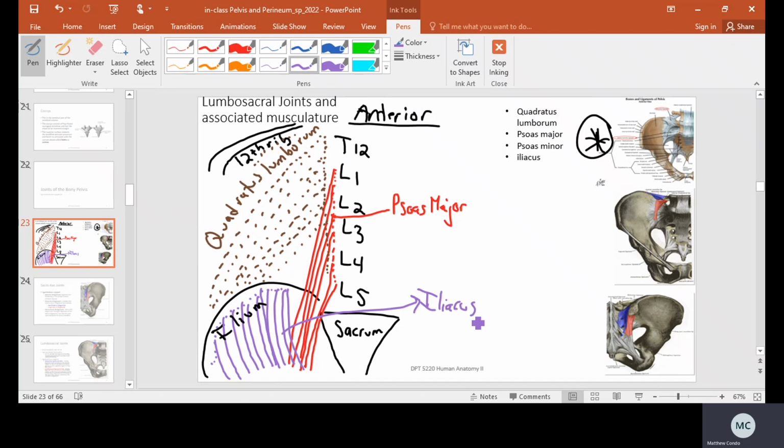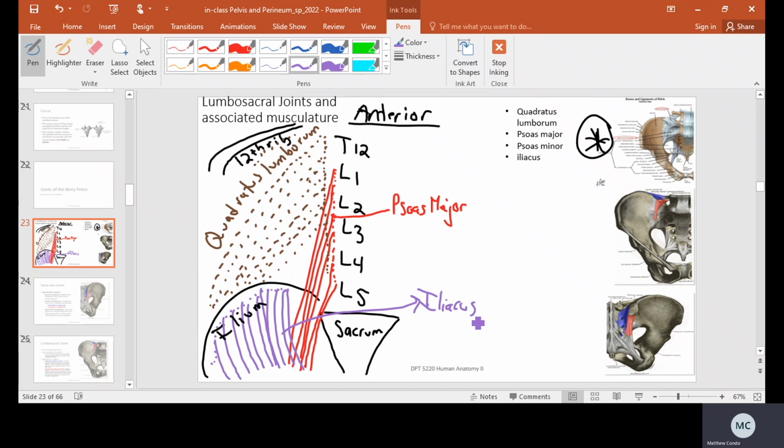There's another muscle you'll read about in Gray's called psoas minor. Psoas minor is not present in everybody, and in fact you can live a very fruitful life without a psoas minor.